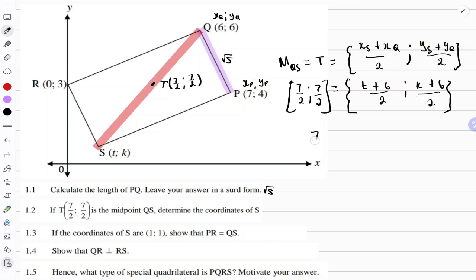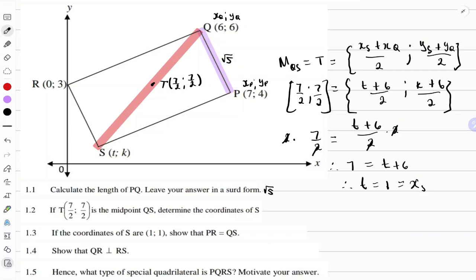We can say 7 over 2 is equals to T plus 6 over 2. So you can multiply throughout by 2. So 2 and 2 cancels. Therefore, 7 should be equals to T plus 6. Therefore, T should be equals to 1, which is the x coordinate of S.